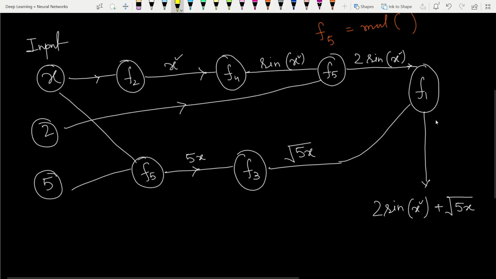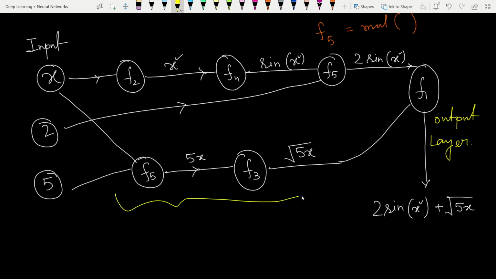Let's take a different color. And the internal connections are called the hidden layer.